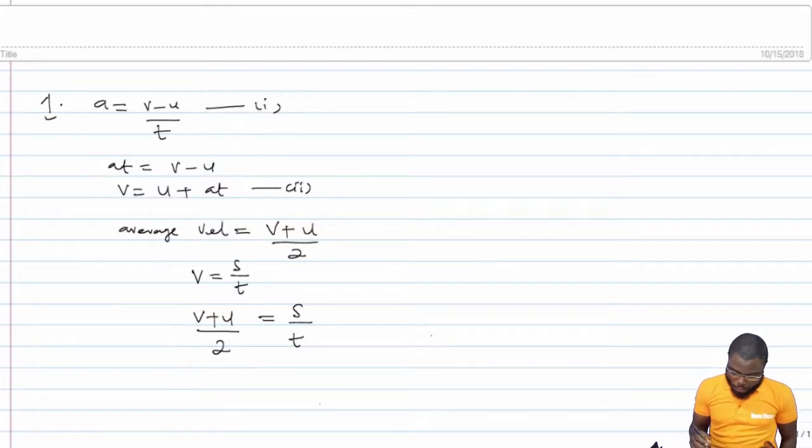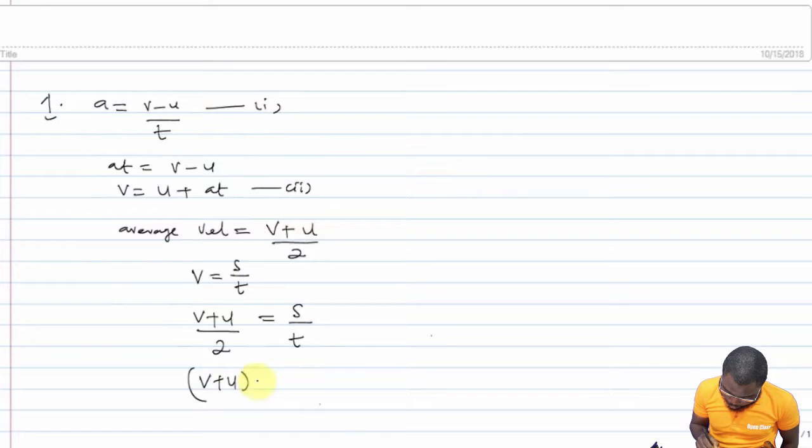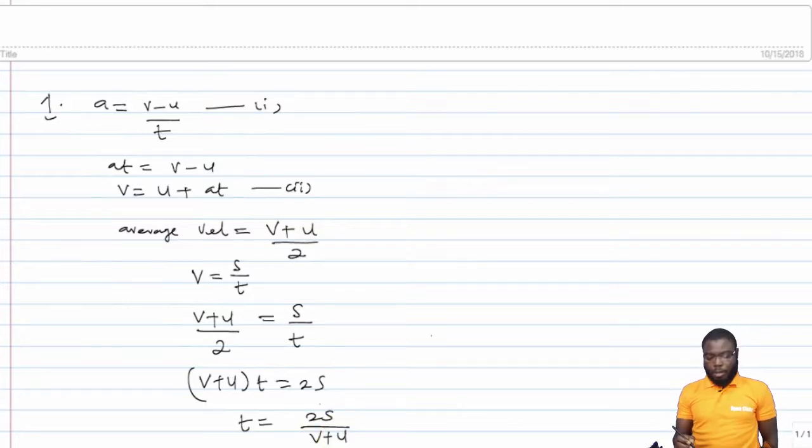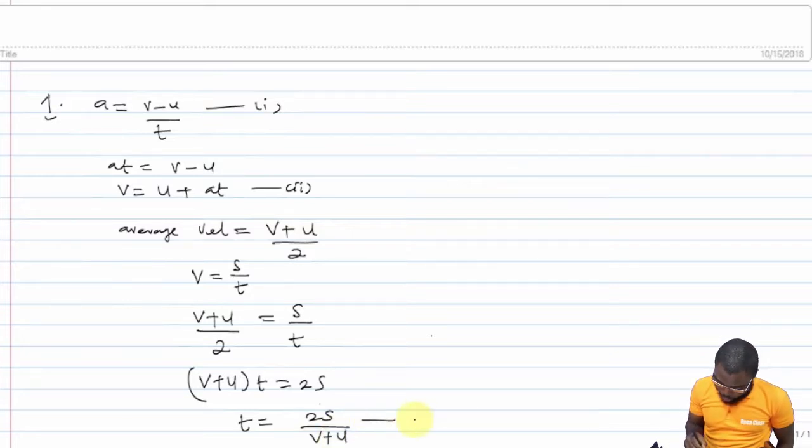Now if I make T the subject of the formula, here you have V plus U times T, and if you cross multiply, equals 2S, which implies that T equals 2S over V plus U. Is that correct? Now I'll call this equation 3.